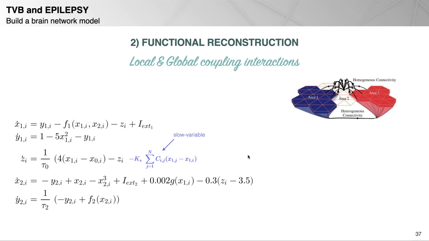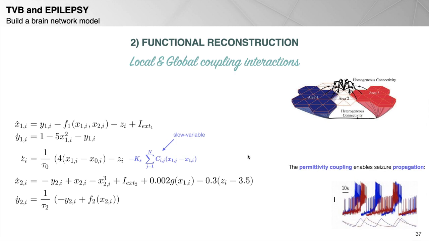It's because it was shown that it allows the spread of the seizures through the network by recruiting regions that are not in the epileptogenic zone. So each network node's capacity of triggering seizures will then depend on its excitability value, so the parameter x0, but also on its connectivity with the other nodes.